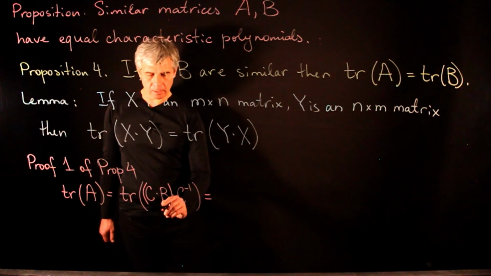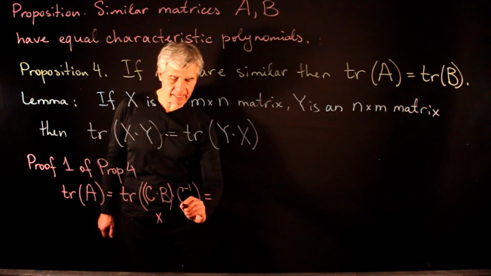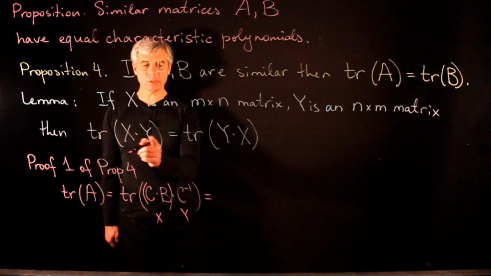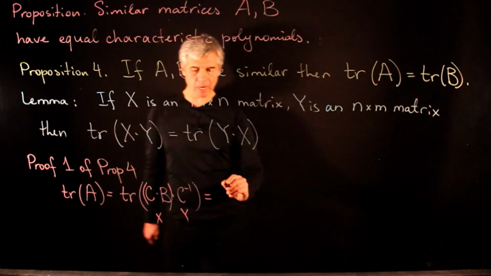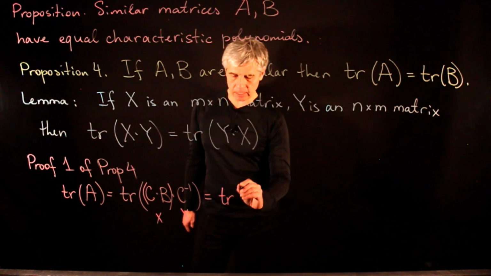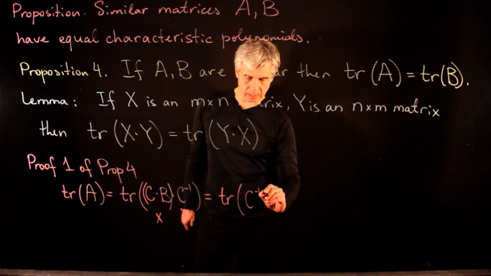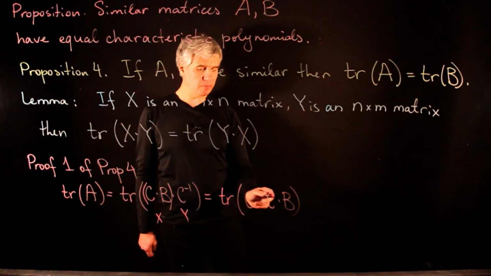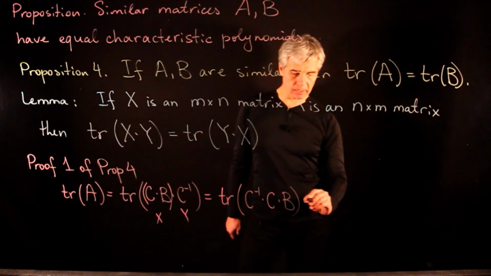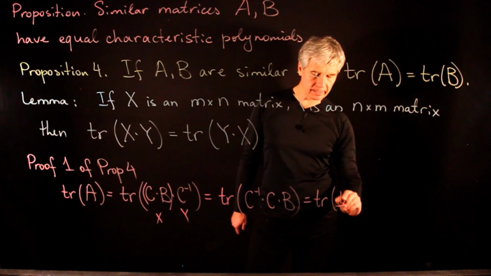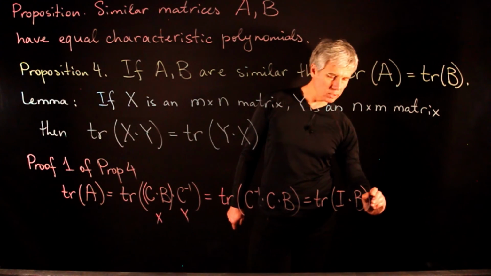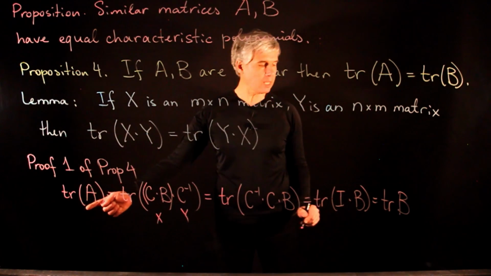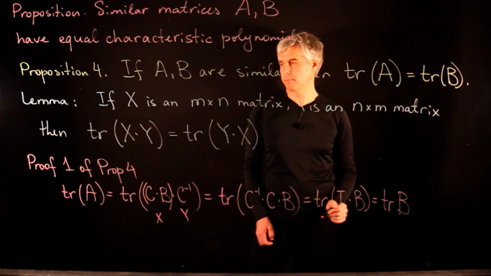We think of this as our matrix X, and this as our matrix Y. And we apply the formula that trace of XY is equal to trace of YX. So we get the trace of C inverse times C times B. But now C inverse and C give us the identity matrix. So we get the trace of identity times B, which is the trace of B. And this gives us the proof that the trace of A is equal to the trace of B.